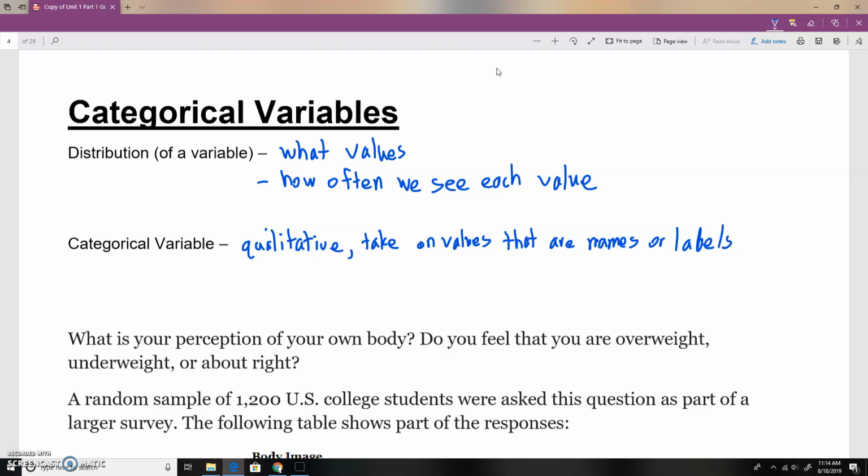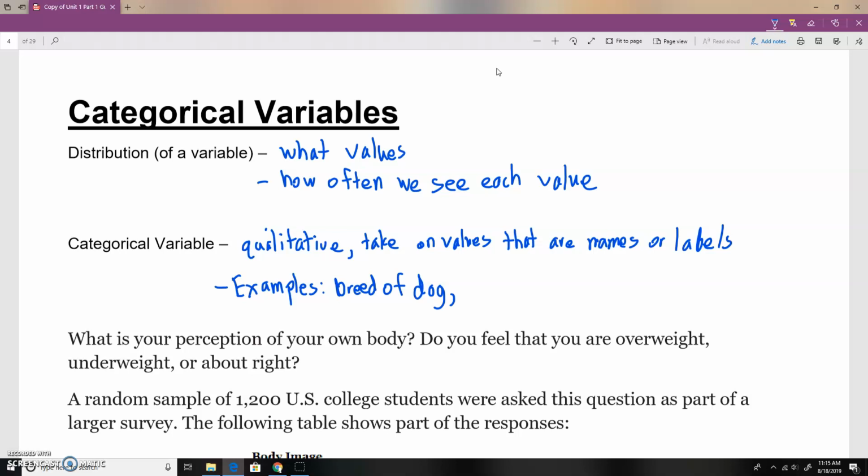Some examples of this would be, we could look at the breed of a dog, like German Shepherd, Pit Bull, so on. Those are all categorical variables.